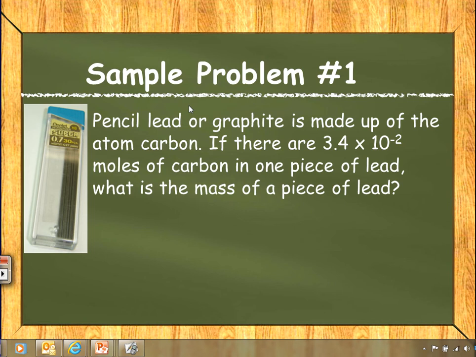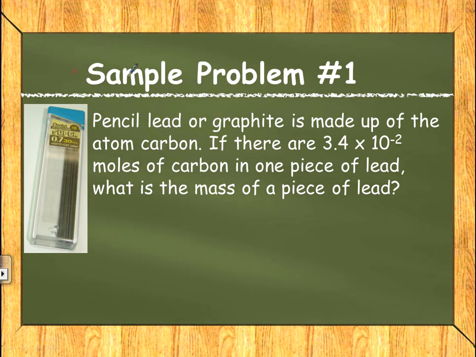Pencil lead or graphite is made up of the atom carbon. What's given to me? 3.4 times 10 to the negative 2 moles of carbon in 1 piece of lead. What is the mass of a piece of lead? This is a time where you take out your periodic table. Someone tell me the mass of lead.